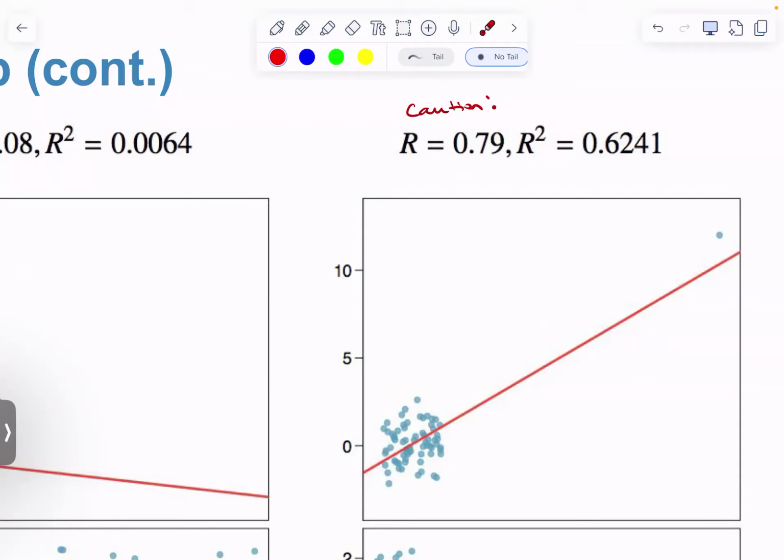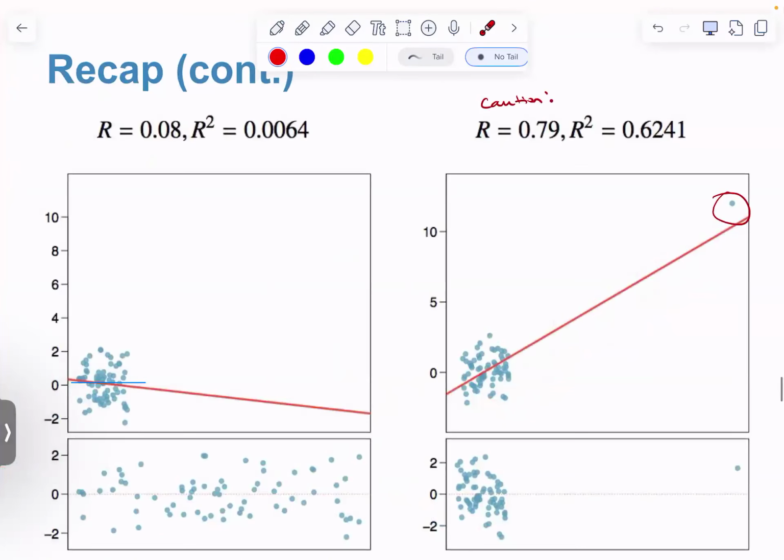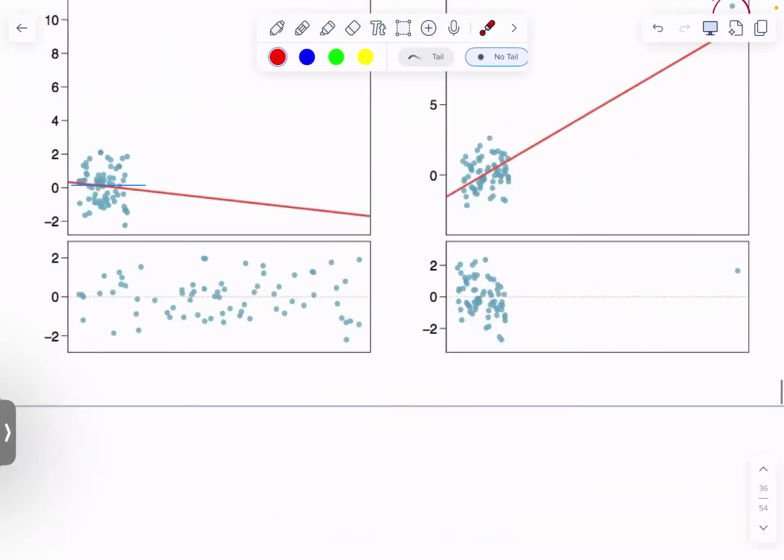You'd say, oh, an R squared of 60% or higher is really good, because your correlation is quite high. But the only reason we have these values is because of this outlier that's in there. So you want to be really careful and investigate your outliers.